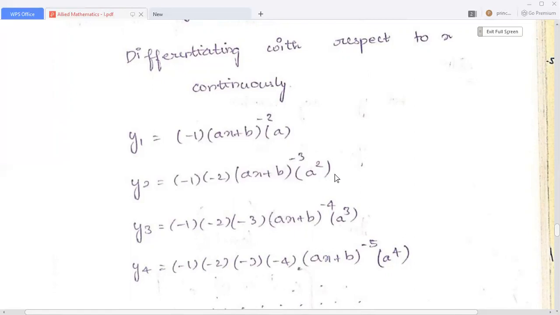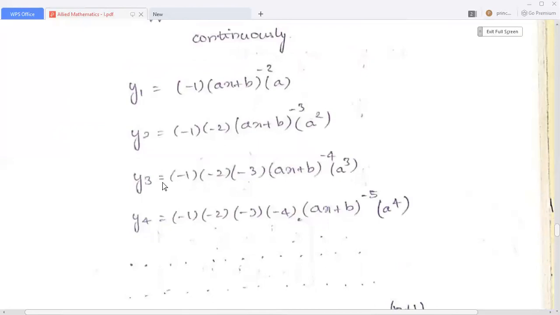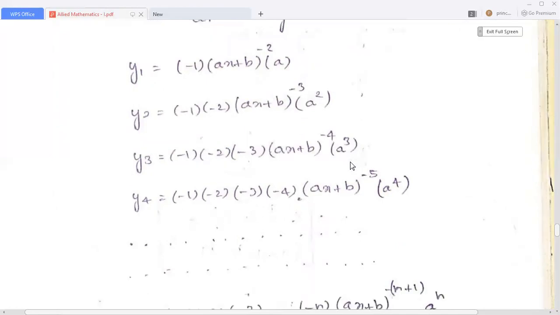So already we have one a, and a into a is a square. Therefore, this can be written as y2 equal to minus 1 into minus 2 into ax plus b power minus 3 into a square. Similarly, we calculate y3. y3 equal to minus 1 into minus 2. When you differentiate this, we get minus 3 into ax plus b power minus 4 into a square into a, that is a cube.